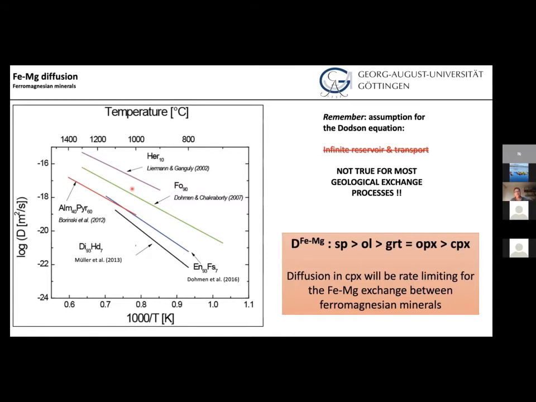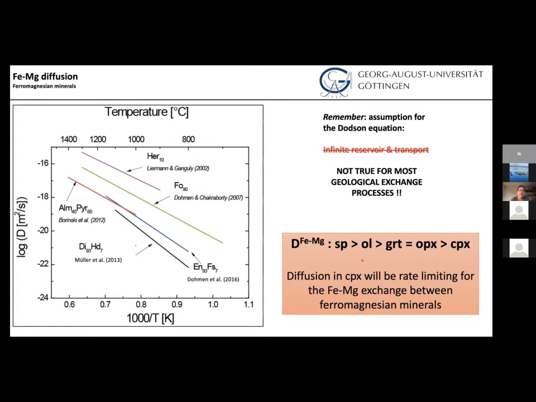Because, for example, if you are in an olivine grain, the material that is coming from your CPX grain is homogenized in your olivine grain much faster than the other way around. If you're going from the olivine grain into the CPX grain, you have no problem supplying material, but you have problems homogenizing, so you basically are rate limited by your CPX.